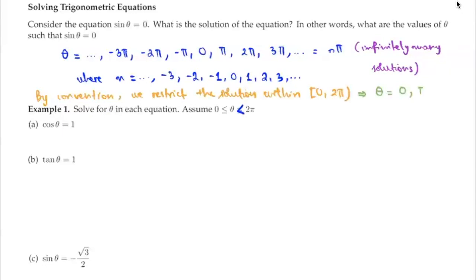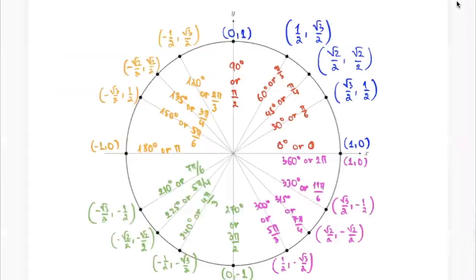Now again, you need to be comfortable with finding or locating the point on the unit circle. You have to understand what angle theta is such that cosine of theta is equal to 1. All right, so let's go back to the unit circle again. This is the unit circle. You are solving the equation cosine of theta equal to 1.